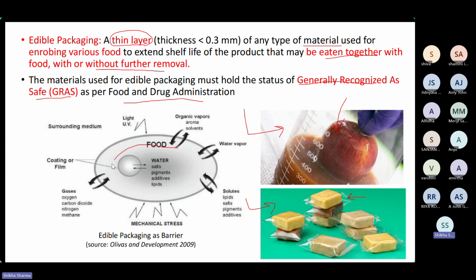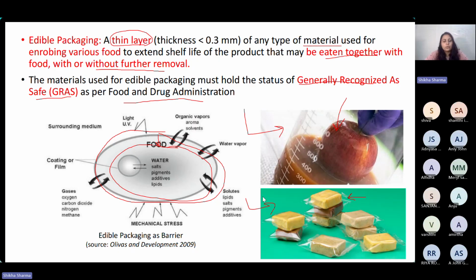So suppose this is our food product and over this there is a layer of edible packaging material, or edible coating or film. So what is it going to do? It will protect this food from mechanical damage, chemical damage, physical damage, or if there is UV light, it will protect from UV light damage.